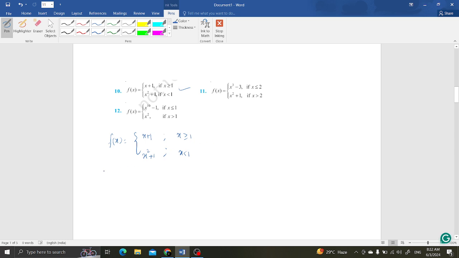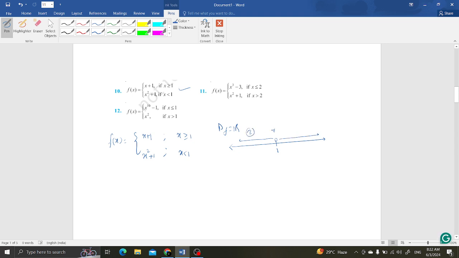Now again, as previously we did some questions from 1 to 6, here also we have the same thing. See, the domain of this function is the complete real numbers. Before 1 it is defined, at 1 it is defined, and after 1 it is defined. So we have how many parts?